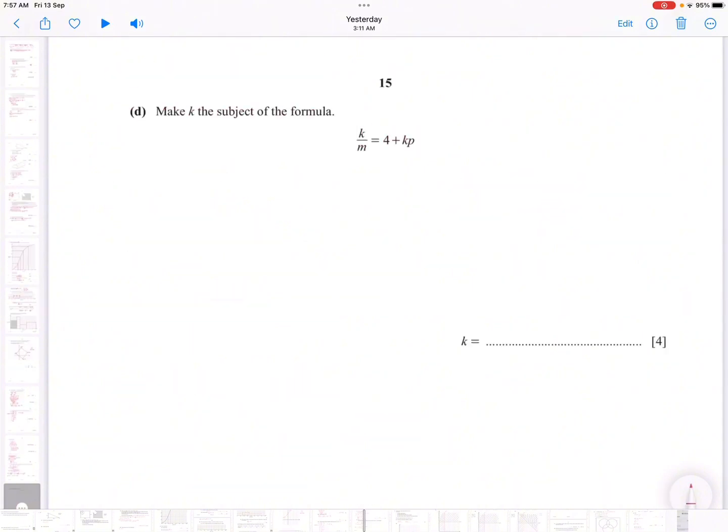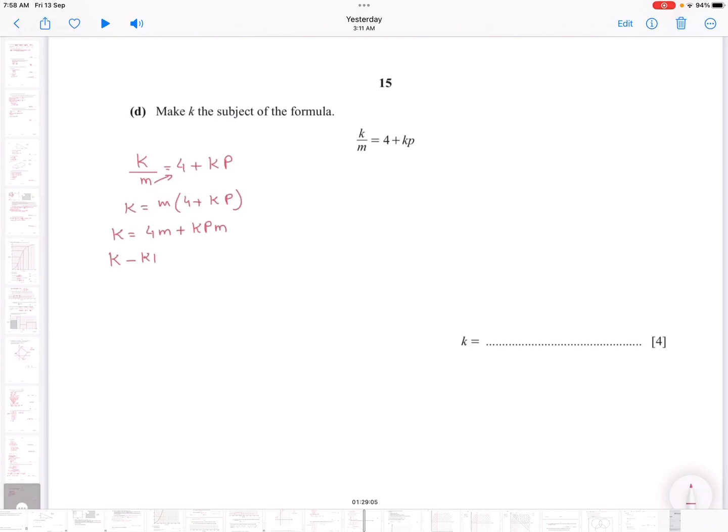Make k the subject of the formula. So in this question, first multiply m on the other side of the equal sign. So now your k equals 4m plus kpm.